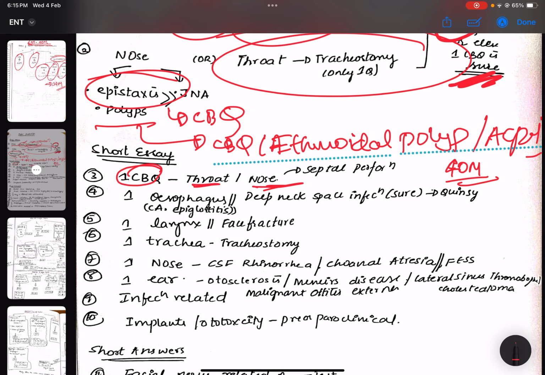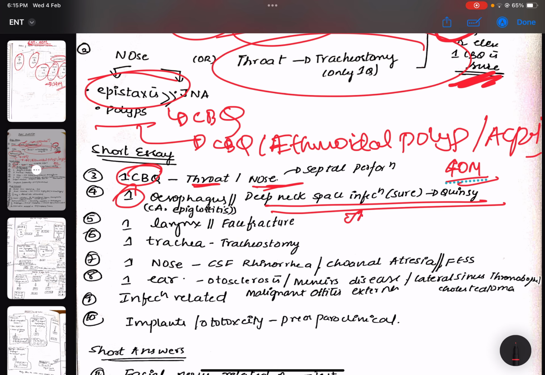For example, if it's from nose, something related to rhinosporidiosis or a CBQ of that sort will be asked, and one question regarding deep neck space infection, that is parapharyngeal space infection like quinsy, all those things are important, or something related to esophagus or throat, that is acute epiglottitis or something like that. And one question related to larynx or face fracture is kind of short.